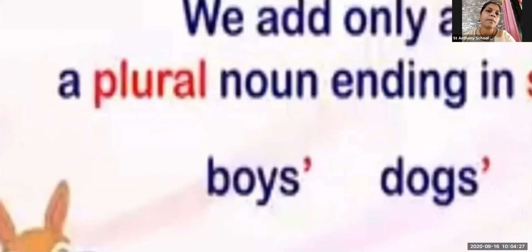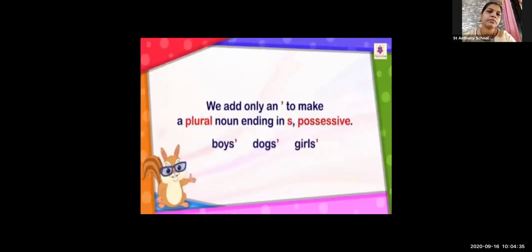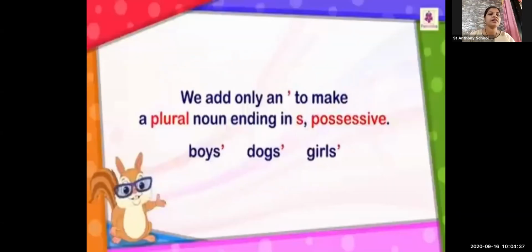Can you see this? The apostrophe is given after the word s. Why? Because we are talking about the plural noun ending with s, showing the possessiveness, the ownership. So to show the plural noun possessive, we add the apostrophe after the s.